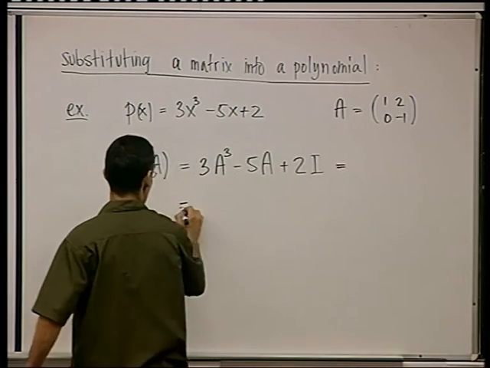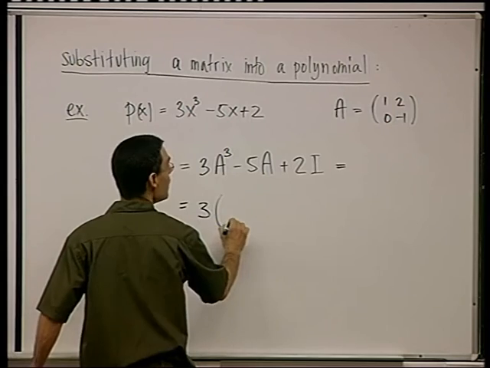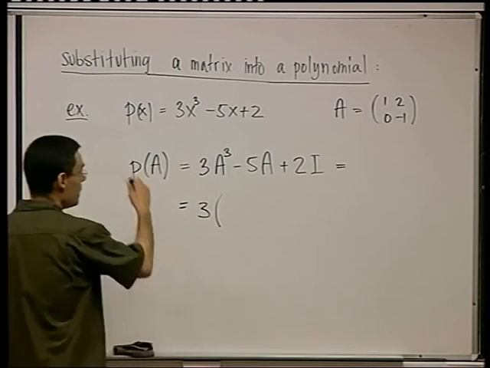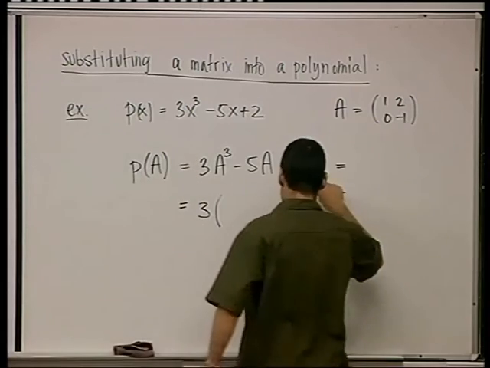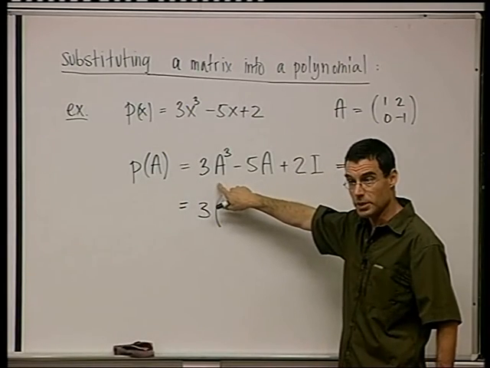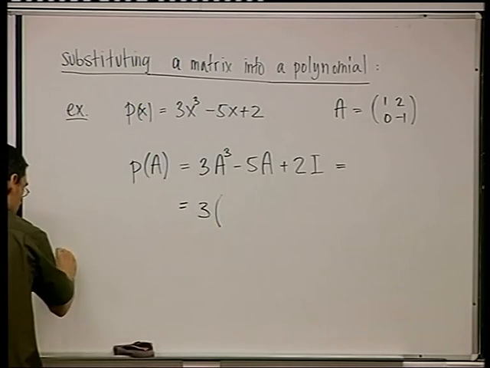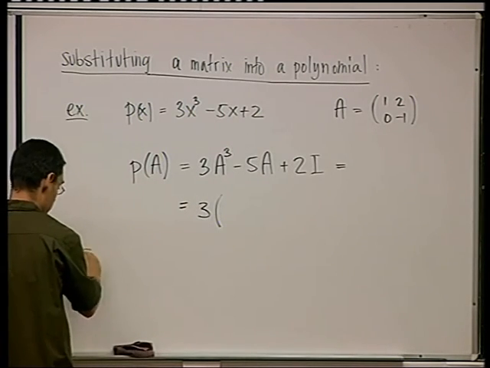So it's 3 times, so we need to do the calculations, right? A we know, I we know, we need to find what A cubed is in order to plug it here. So let's do that. And in order to find A cubed, I'm going to need to find A squared first.